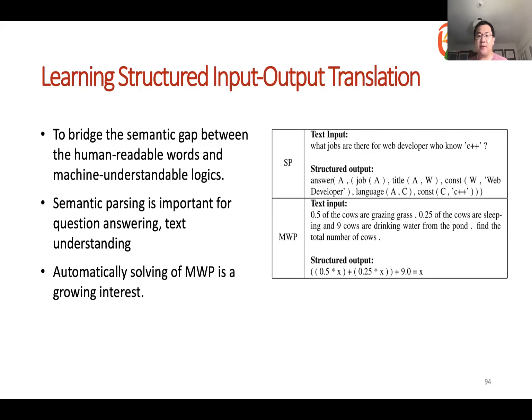Both the semantic parse in SQL language and the math equation are not simple sequences. They have very clear structure information which can be represented as a tree, and that better represents the output. Essentially it's a structured output, and therefore we are really trying to learn a structured input-output translation in this NLP task.